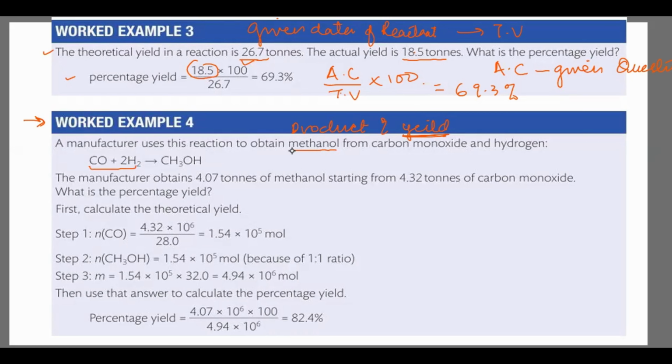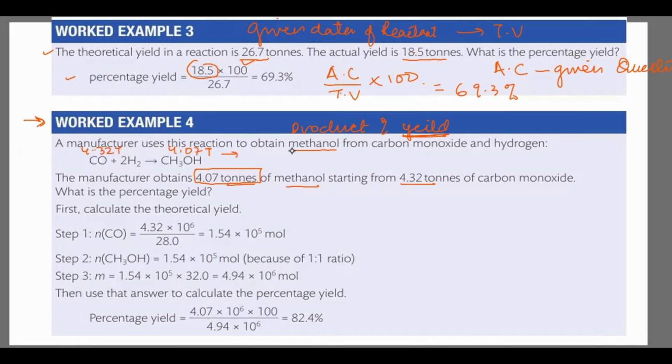Now the manufacturer obtains 4.07 tons of methanol. So they are giving you 4.07 tons of methanol being prepared, starting from 4.32 tons of carbon monoxide. Basically, they're saying that the starting material is 4.32 tons of carbon monoxide, and they're getting 4.07 tons.